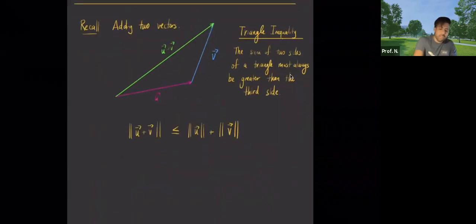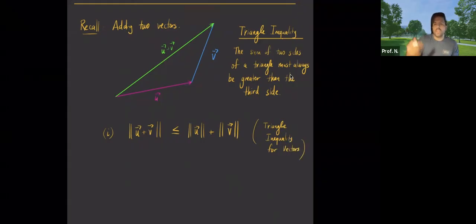But this here is one of the properties of norm. And it stems from the triangle inequality. So this is called the triangle inequality for vectors. So vectors also abide by the geometric principle of the triangle inequality.